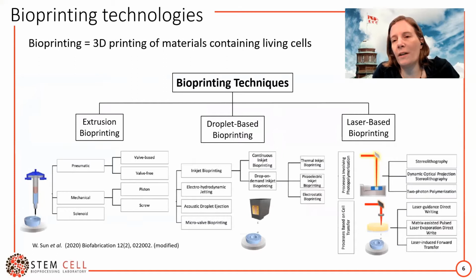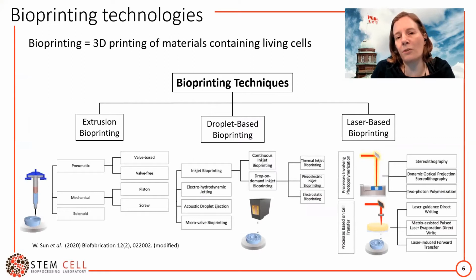In terms of the actual 3D printer, what kind of equipment you need to do this, for bioprinting, which is printing live cells, there's 3 broad categories of printers that are available commercially. The most common is extrusion bioprinting, where you have a syringe pump, or you could have a solenoid valve or something that pushes material through a syringe.